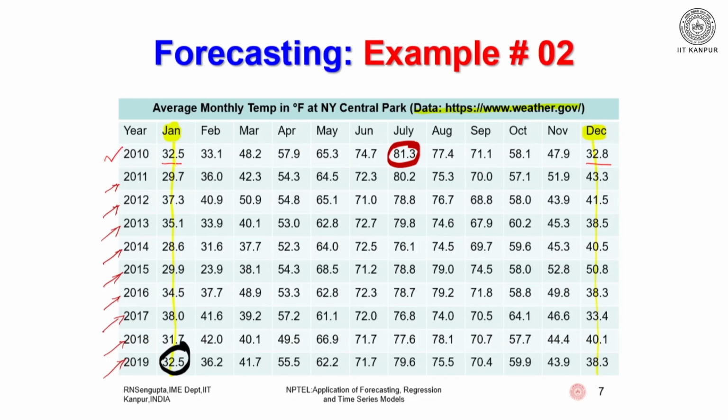So, here some information should be immediately available to all the participants, that in 2017 the maximum for January was in 2017. If I consider the February temperature, it was maximum in 2018.